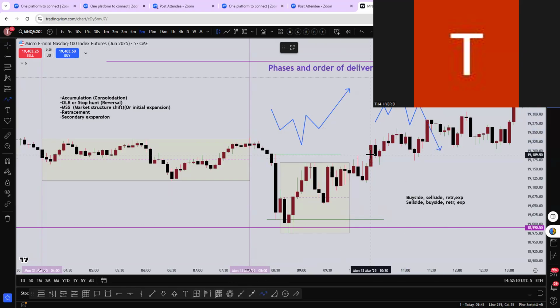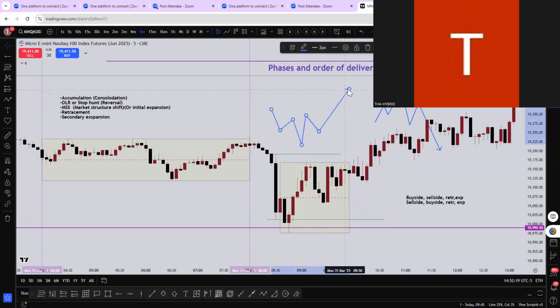If we want to go up, we take sell side in the form of this low, buy side in the form of this high, retracement, and then we expand. This is the order of delivery that the market runs on.